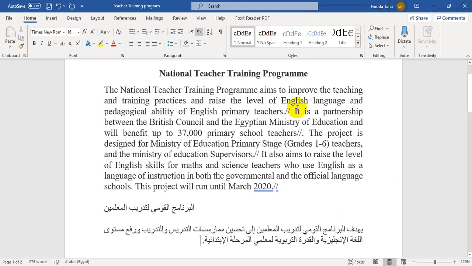It, what does it refer to? What do you think? It refers to the national, of course.